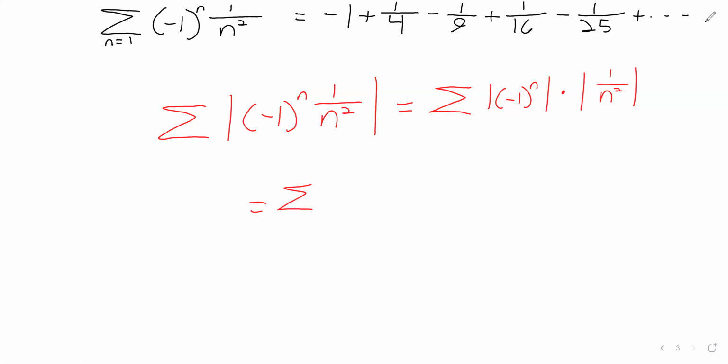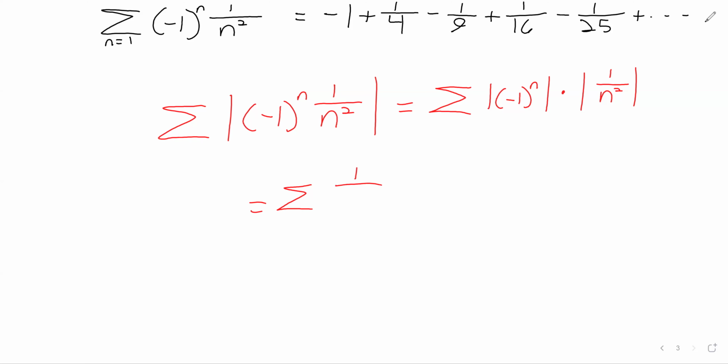What about the absolute value of 1 over n squared? Okay, let's rephrase that question a little. Is 1 over n squared positive or negative, or does it depend on n? No, it's positive, because n squared is positive, 1 is positive, the quotient of positive numbers.